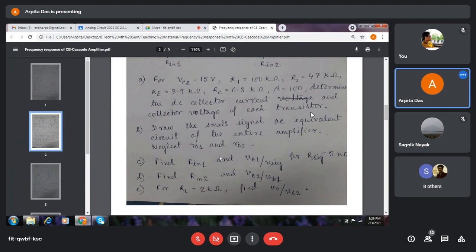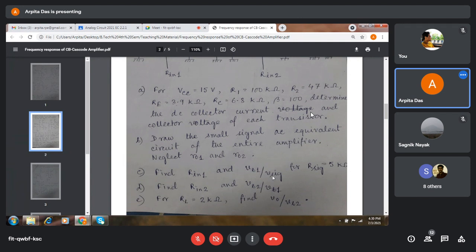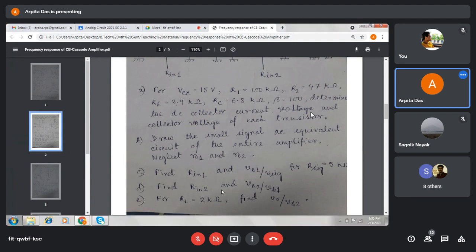It is mentioned that the values of RO1 and RO2 are so high that you can consider them open. So you can neglect the RO1 and RO2 effect. Since early voltage is not given, you can easily neglect these two output resistances of the BJT.